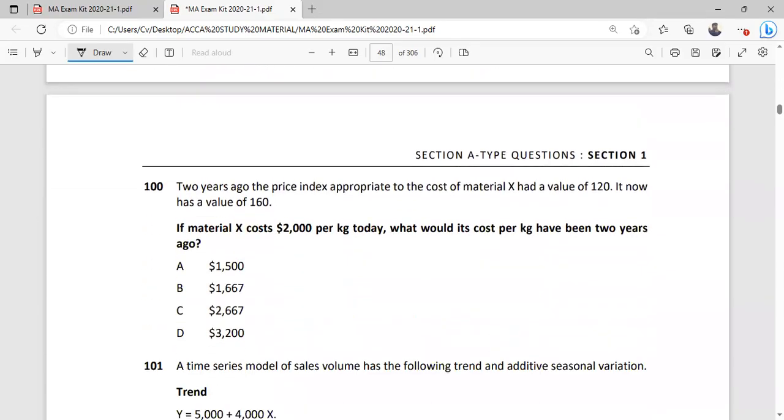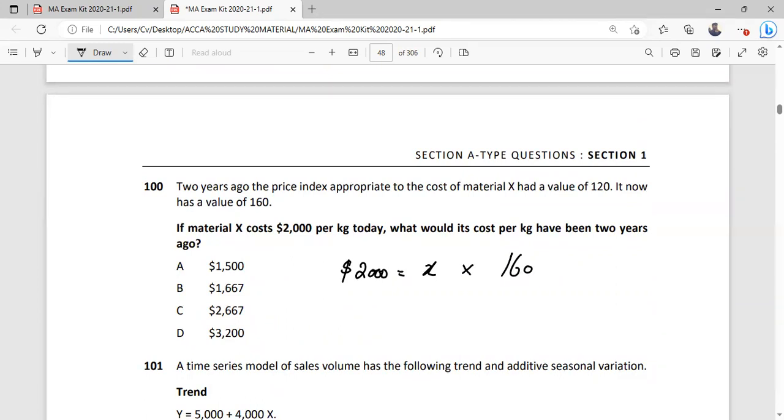Two years ago, the price index appropriate to the cost of material X had a value of 120. It now has a value of 160. If material X costs $2,000 per kg today, what would its cost per kg have been 2 years ago? This time the current cost is given, and the prior cost is missing.